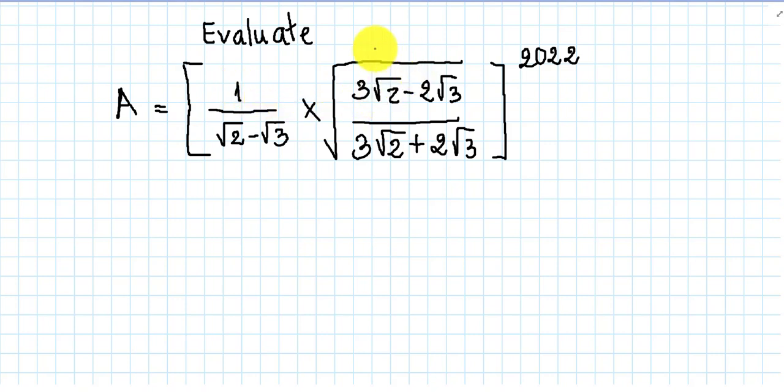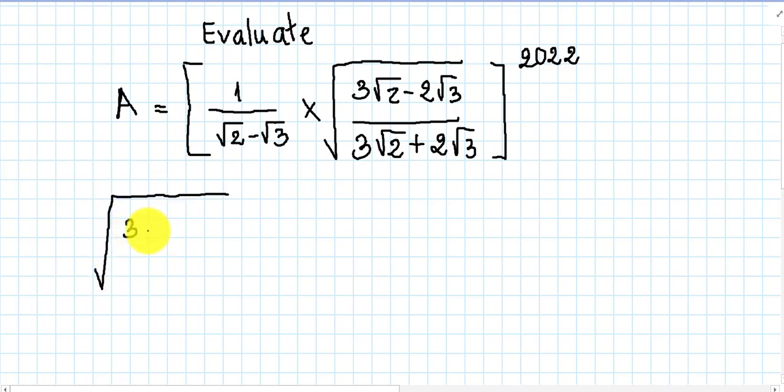First, we use the conjugate to simplify it. So we get the fraction 3 square root 2 minus 2 square root 3 all over 3 square root 2 plus 2 square root 3.